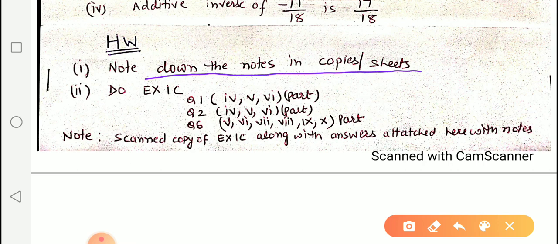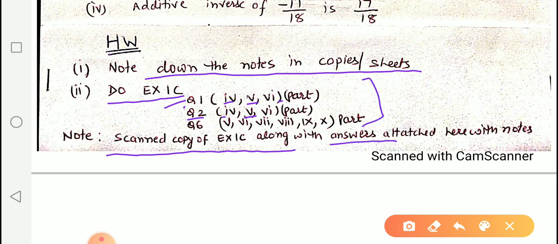After that you have to do exercise 1C, question number 1, part number 4, 5, 6, question number 2, 4, 5, 6, question number 6, 5, 6, 7, 8, 9, 10, and for that I have attached a scanned copy of exercise 1C along with the answers. After doing these parts you can check your answers from the answer sheet. Here is the sheet attached.